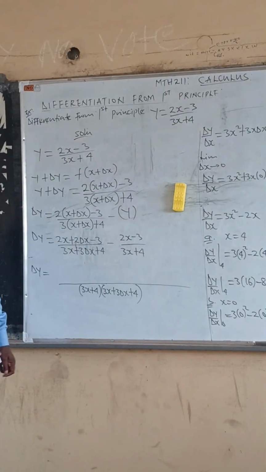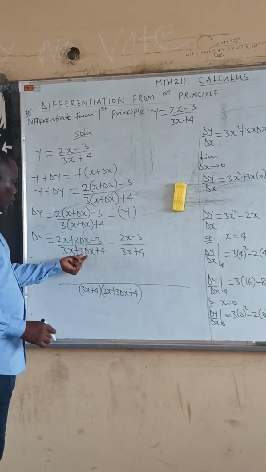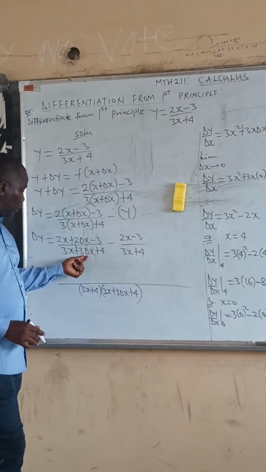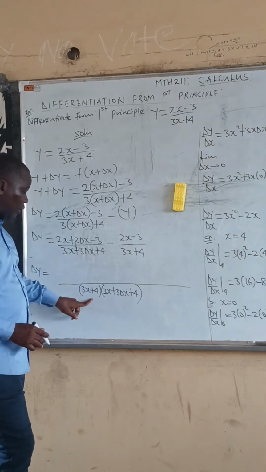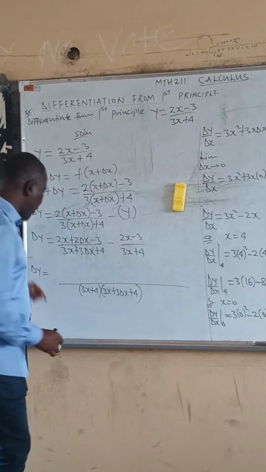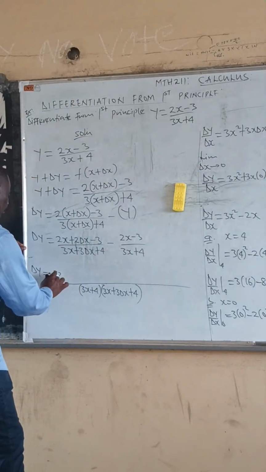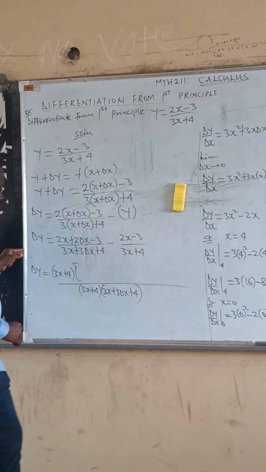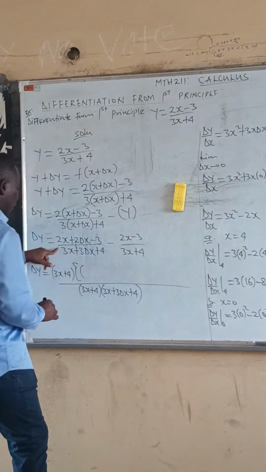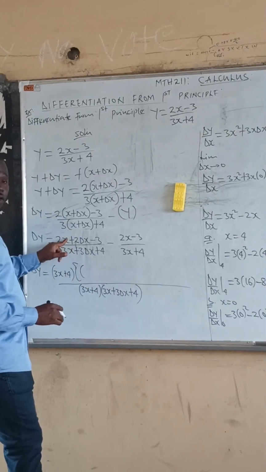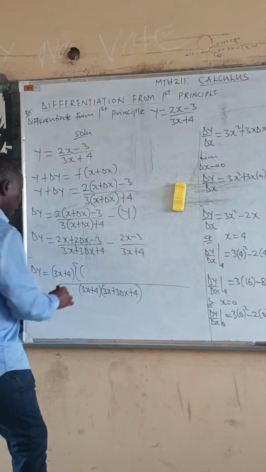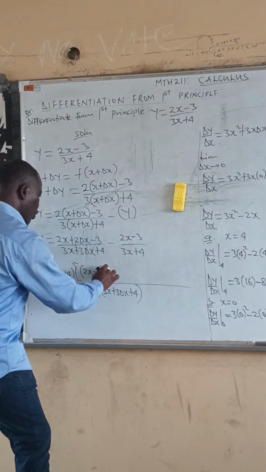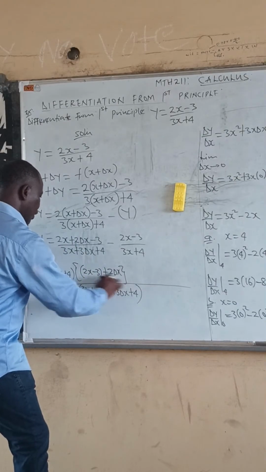So this one coming to divide this, what are you supposed to have? 1, true or false? You're supposed to have this one. Then use it to multiply this, you are going to have 3x plus 4 times open brackets. If I were you, do it in this form, 2x and 3x should be one side, then plus. So here will be 2x minus 3 plus 2dx, close the bracket.